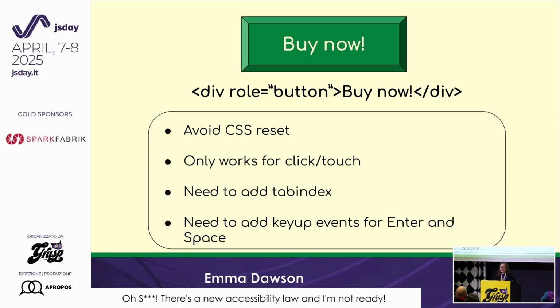To make it interactive, first we need to make it keyboard interactive. We need to add it into the tab order so you can reach it with the tab key by adding a tab index of 0. And we would then have to add the extra key up events for the enter and the spacebar in order to make it work with those keys. And this is actually a ton more code than it ever is to do a CSS reset.